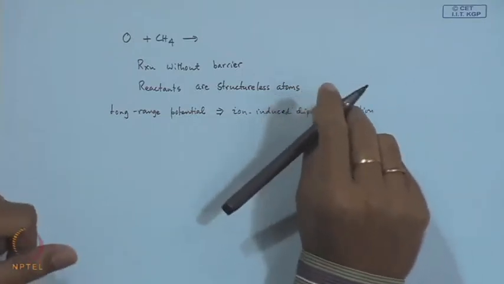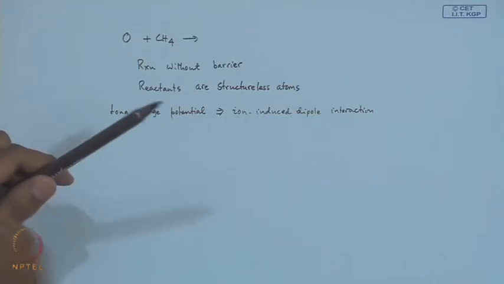So, what is happening is that you have got an ion, and say this is another moiety. This ion may be inducing a dipole if it is coming close. If it is a negatively charged one, it will tend to induce a positive charge over here.